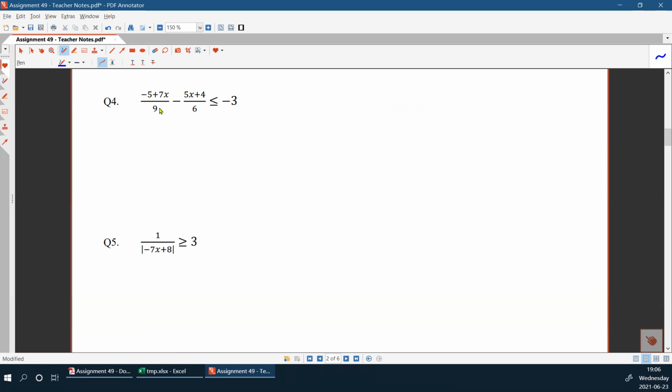Question 4. The common denominator of 9 and 6 is 18, right? So we can multiply 18 to both sides of the inequality to eliminate the denominators. Okay, so because 18 is also a positive number, we don't change the direction of the inequality symbol.